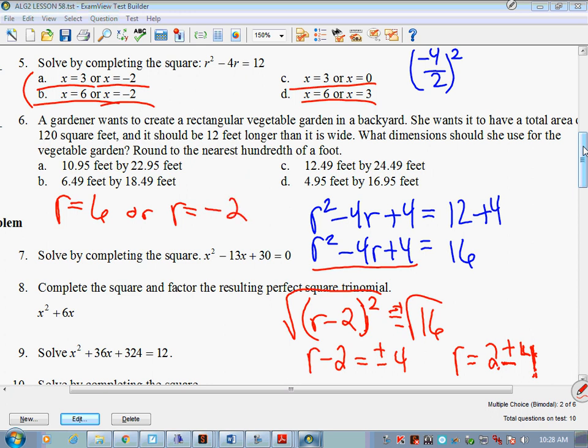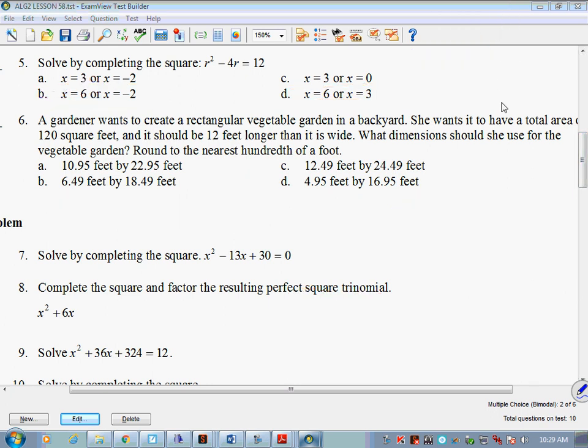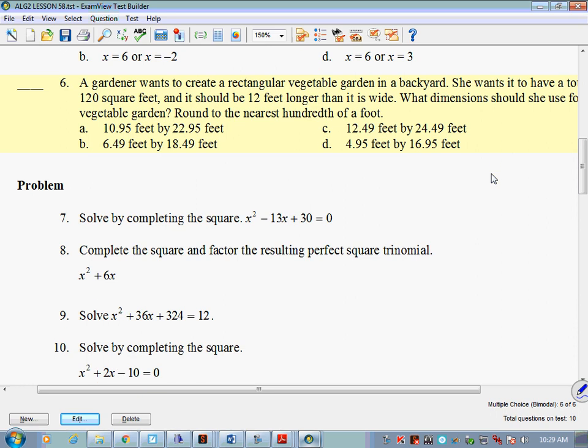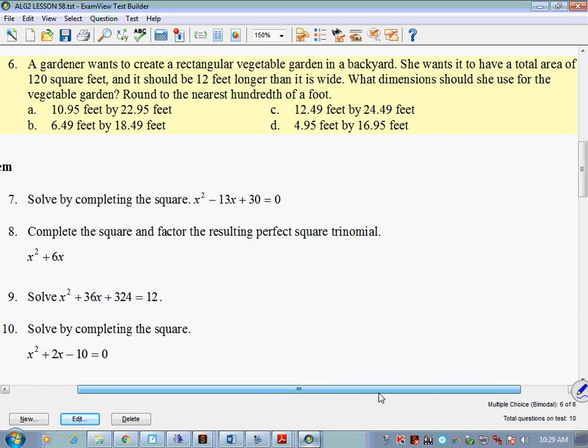Let's see. 6 or negative 2. So my answer here is 6 or negative 2, right there. Were we making that more difficult than it needed to be? If they leave me with nice, neat whole numbers to work with, we can go ahead and get our solution there. All right.